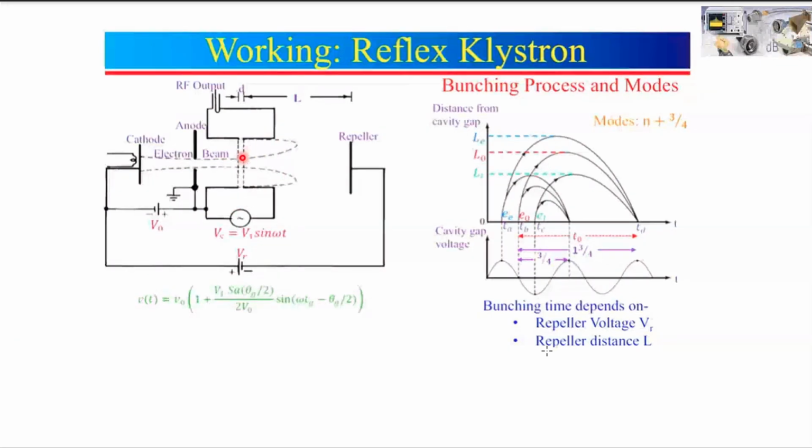In this cavity gap, where velocity and current modulation take place, the gap distance is d. Then we have a repeller plate at potential minus VR, and this VR is very high. Because of this negative potential, the electron beam coming from the cavity gap is reflected back to the cavity of the klystron. This is the basic structure of your reflex klystron.